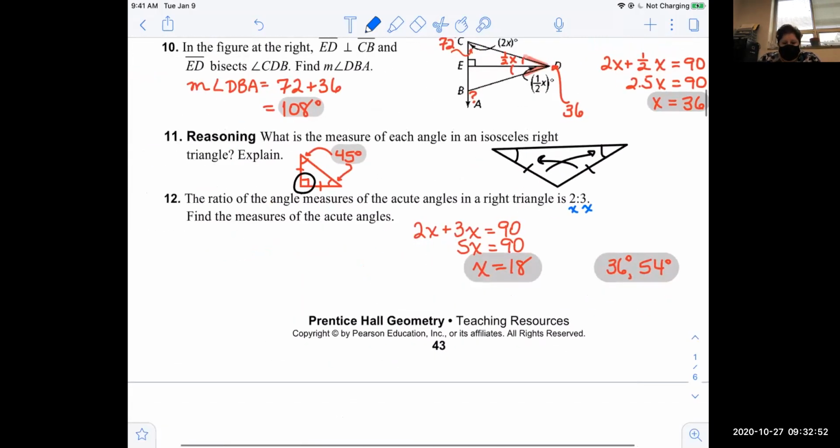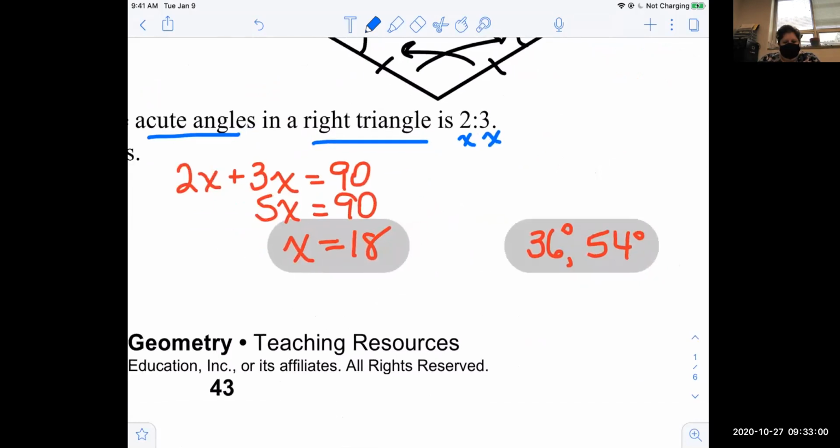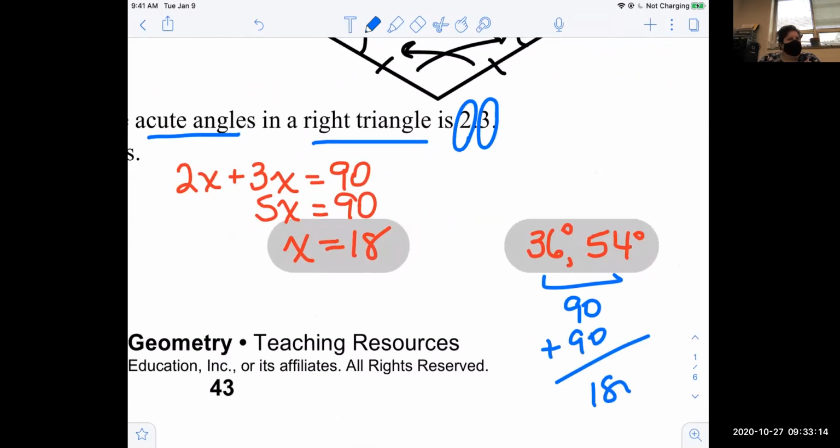So the two acute angles in a right triangle are complementary. So you just say 2x and 3x adds up to 90. That'll give you x is 18. That's your multiplier. So you multiply 18 by 2 and get 36, and you multiply 18 by 3 and get 54. And so those two add to 90 plus your right angle. That would work out to give you the 180 in the triangle.